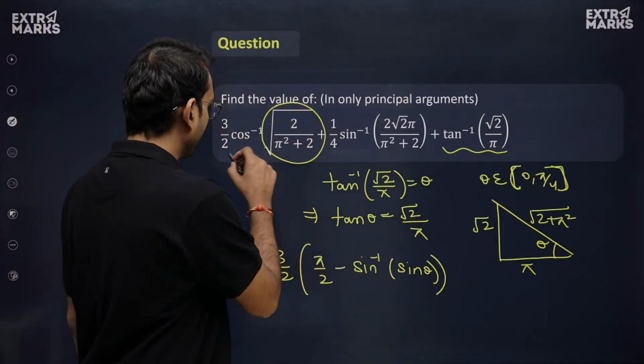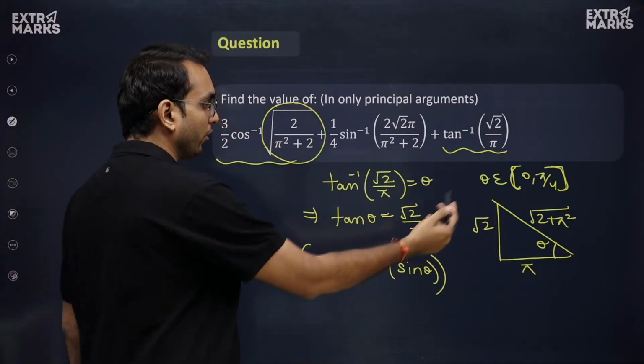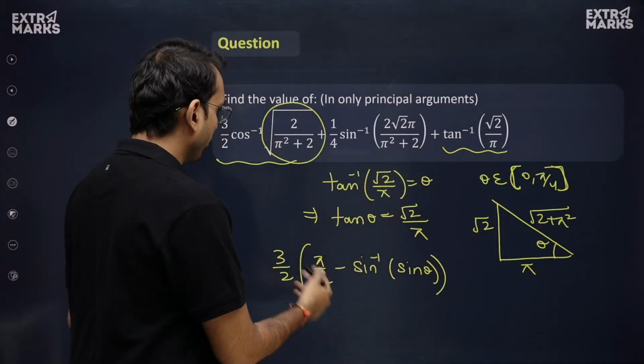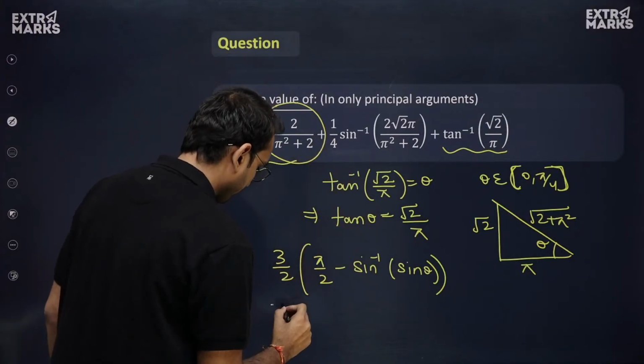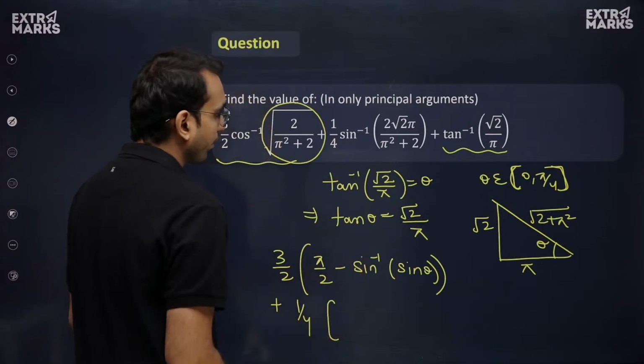So we have converted this expression, and sin inverse of sin theta will be theta because theta belongs to 0 to pi by 4. Plus 1 by 4 sine inverse.